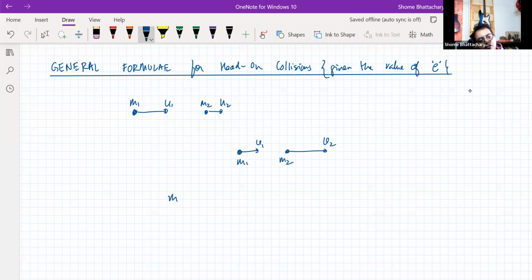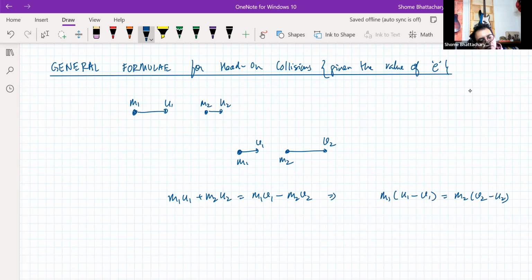So we have M1 U1 plus M2 U2 is equal to M1 V1 minus M2 V2. Which we can also write like this, that M1 into U1 minus V1 is equal to M2 into V2 minus U2.